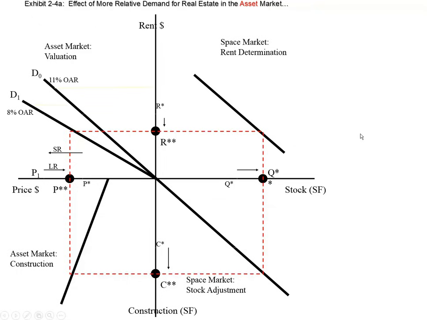So this can work in both directions. That is, we may be at cost feasible prices right now, but if yields would go down, it would increase the value of the assets and you could get new supply. And if yields required would go up, it would shut off new supply.